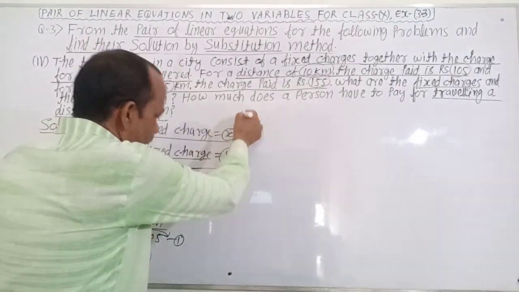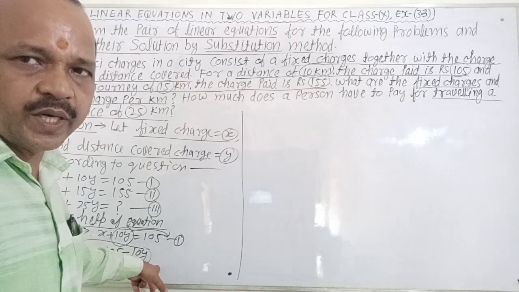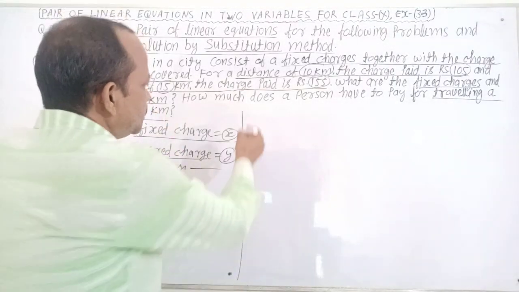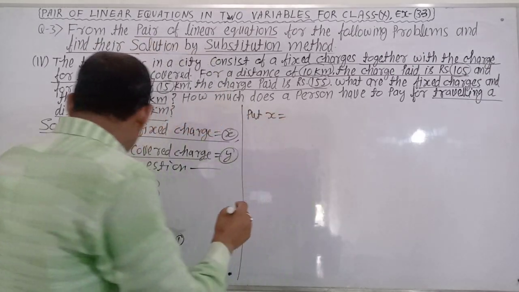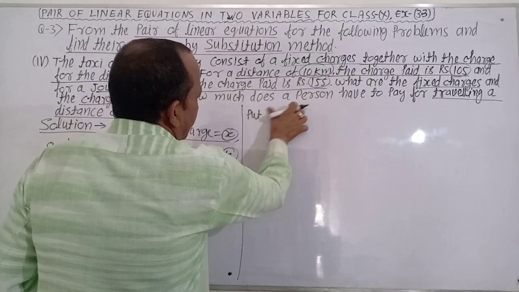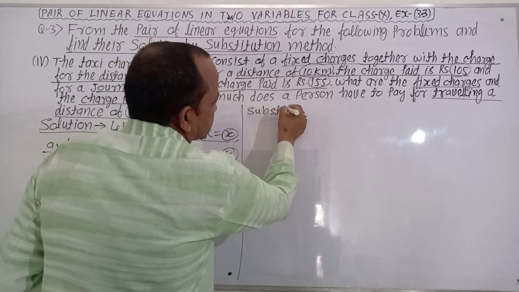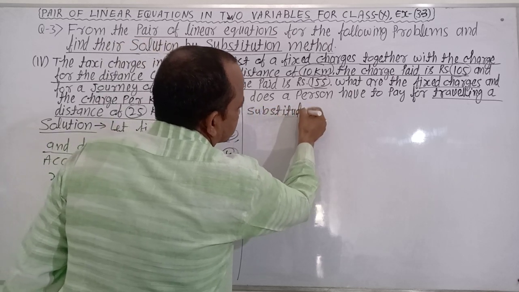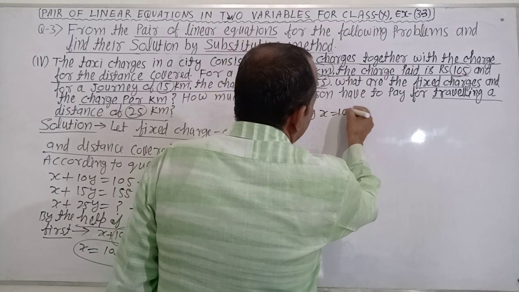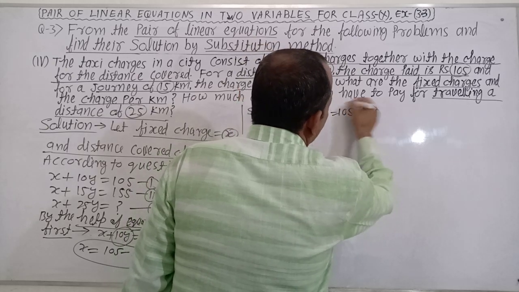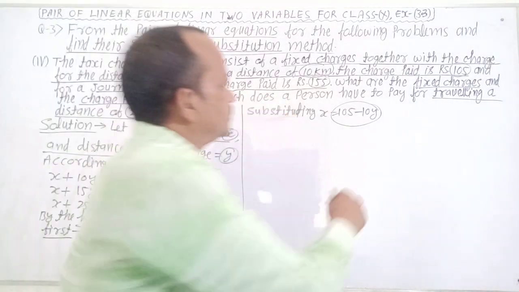Now put the value of x equal to 105 minus 10y in equation second. Here you can write substituting x equal to 105 minus 10y. Clear? In equation second.